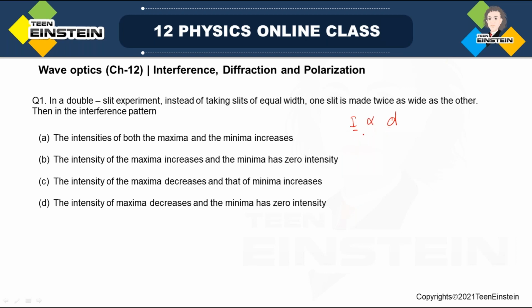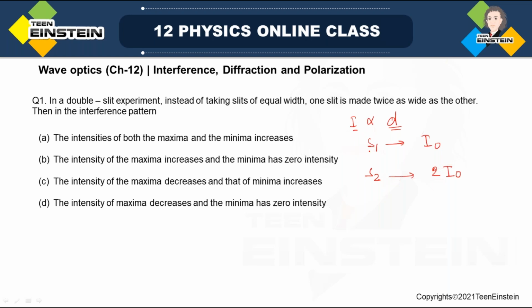So I can say that now I have two sources, S1 and S2. Slit 1 is sending intensity I naught, and the other one is sending light of intensity 2 I naught. I hope it is clear to you. So intensity is directly proportional to the width of the slit.